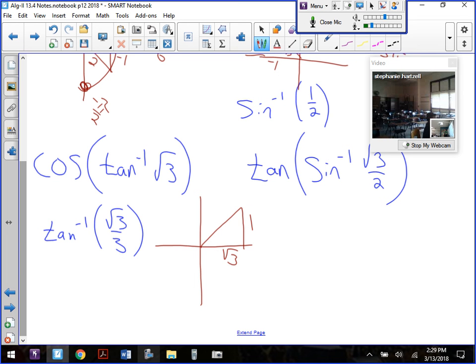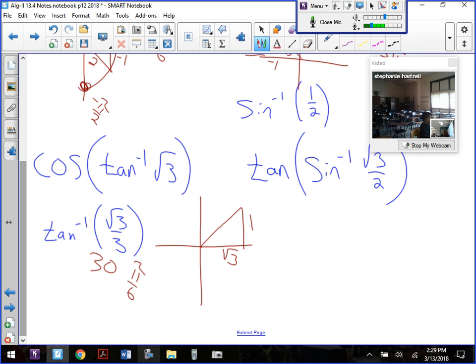What angle is that? 30, which means your answer is 30, otherwise known as pi over 6. Remember, 30-degree angles go with the 6th, 60-degree angles go with the 3rd, because 60 degrees is twice as much as 30, so 2/6 is 1/3. That's where that comes from.